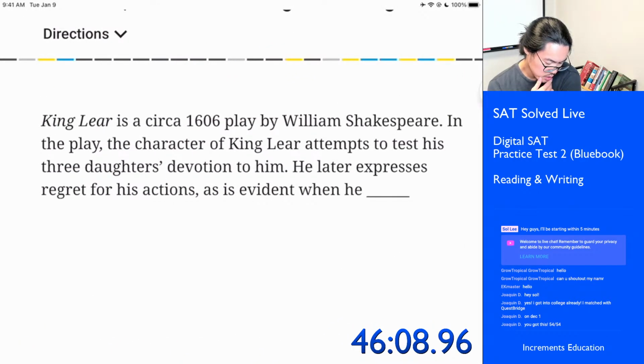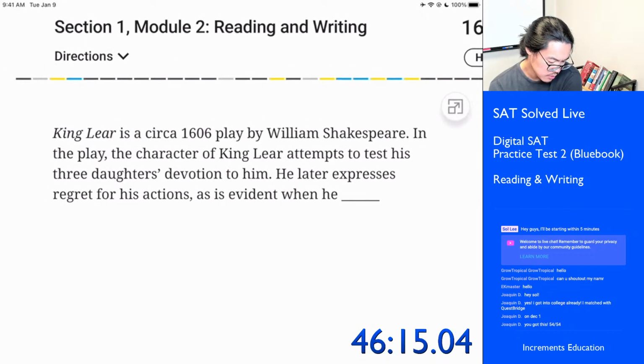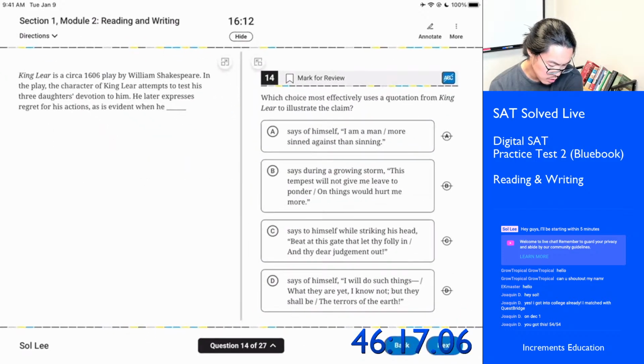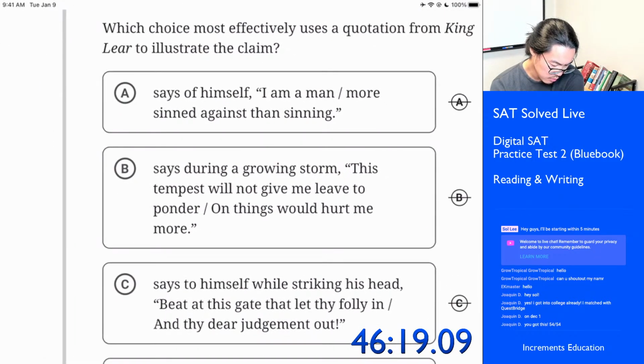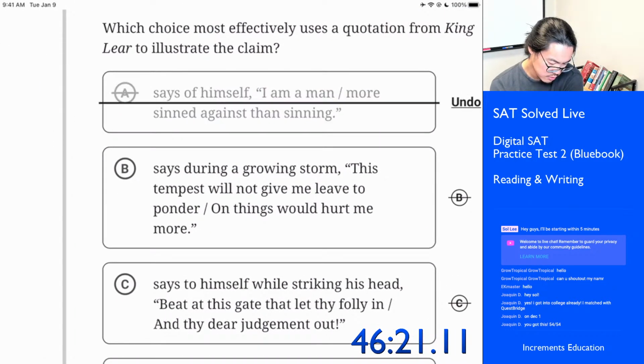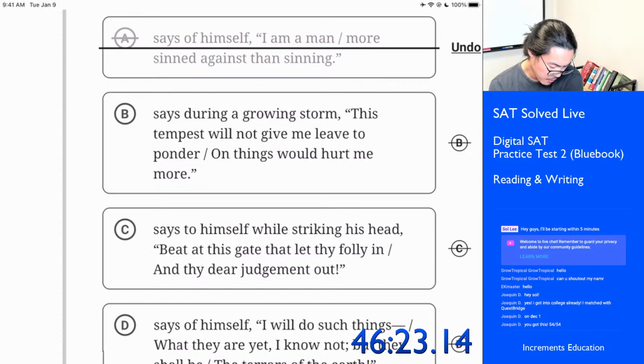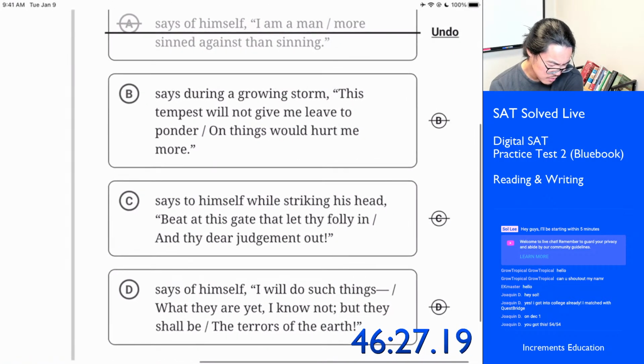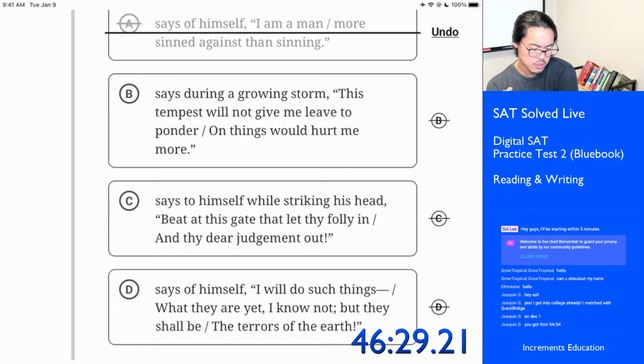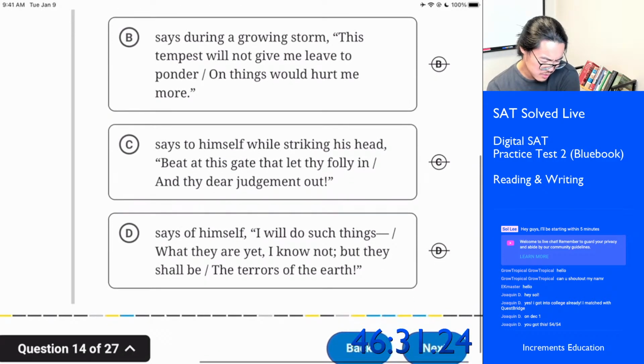King Lear, the character's devotion. He regrets testing their devotion. "I am a man more sinned against." "Now leave me to run things." "Give me leave to ponder on things that would hurt me more." He regrets his decision, maybe.